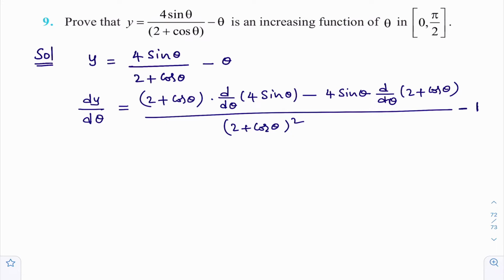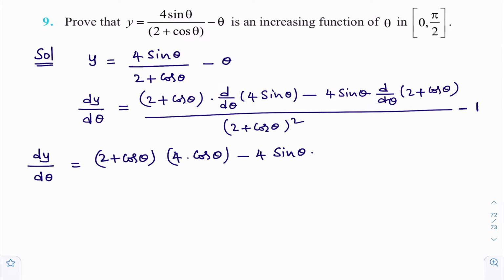You simplify this further, what you will get? dy by d theta equal to, now you observe this part, derivative of 4 sin theta, that is 4 into derivative of sin theta, which is cos theta, minus 4 sin theta into derivative of 2 plus cos theta. Derivative of 2 is 0 plus derivative of cos theta is minus sin theta.